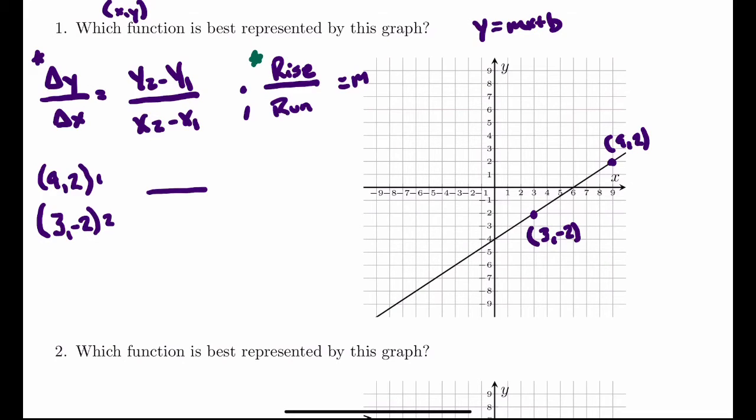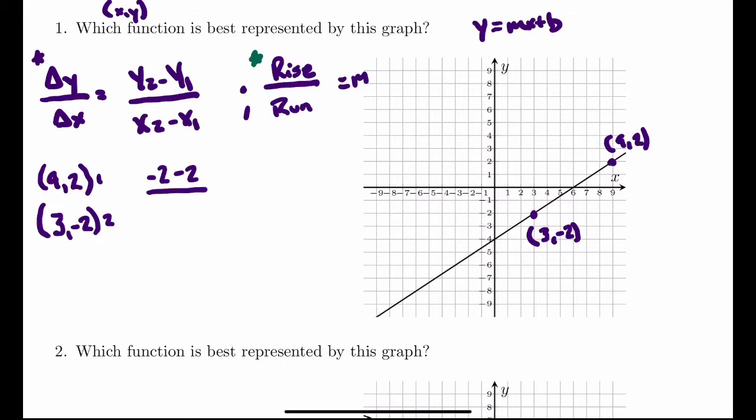So let's set this up for y2 minus y1. Well, here's the 2 right here. Let me get my little laser pointer. Here's the 2, and this is my y part right there. So it's going to be negative 2 minus y1. Well, here's my 1, and the 1 right there is matched up with the 2 for the y. So, I'm sorry, that should be a 2. So it should look like negative 2 minus 2.